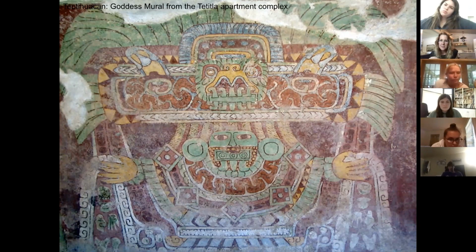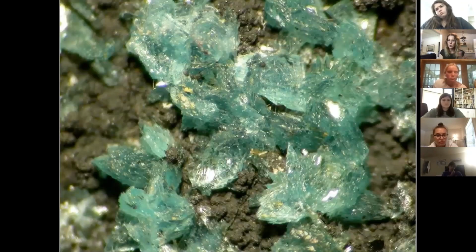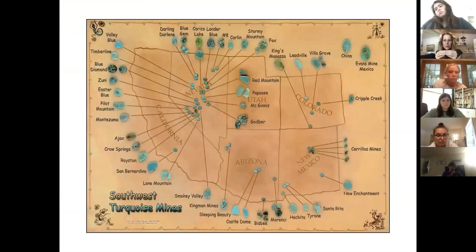And the reason this is important is it's a clue to the economic exchange going on in Teotihuacan. Jade, as well as turquoise, were some of the primary jewel commodities that were being traded in and out of Teotihuacan. And some of the stones that were found at Teotihuacan are the turquoise stones that you see in this diagram here.